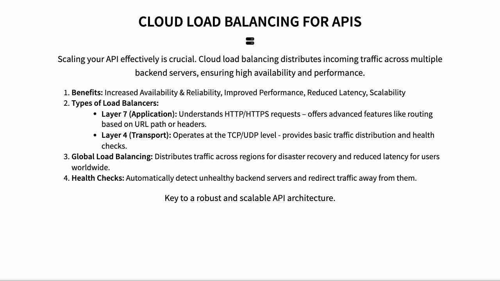Some understand exactly what's happening with your requests, layer 7, while others focus on basic distribution at a lower level. Global load balancing is especially useful for reaching users all around the world. It directs them to the closest server for the fastest experience, and constantly checks that all your servers are healthy, rerouting traffic if needed. It's truly key to building an API that can handle any amount of demand.